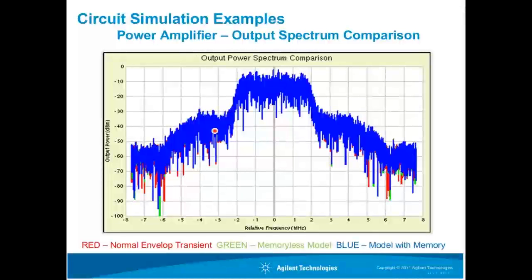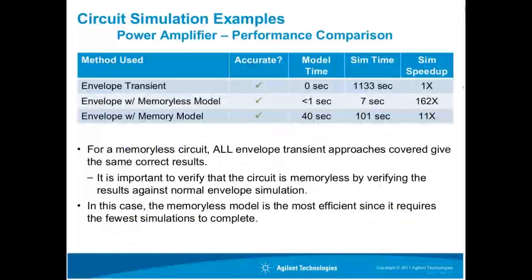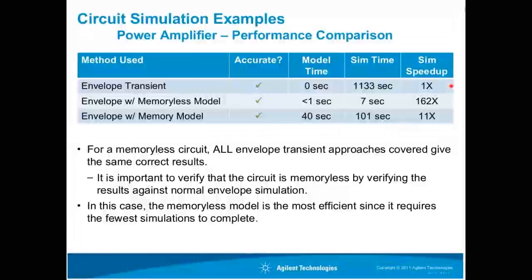And that tells you that this circuit really doesn't have important memory effects, at least not for this particular simulation. So you can actually get away with any of the three simulations and get good results. But what's important to look at is the simulation characteristics. So again, this is for an amplifier. The numbers are different when we look at a receiver, and I'll show you those in a minute.